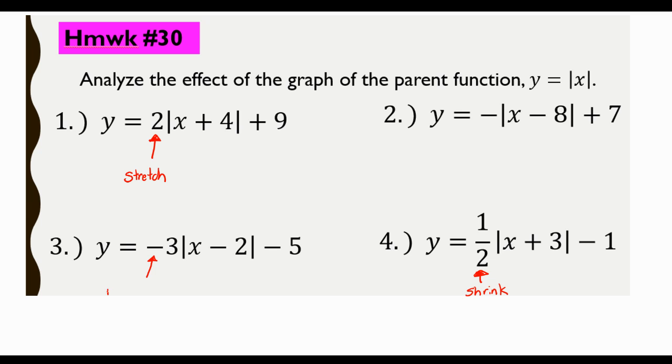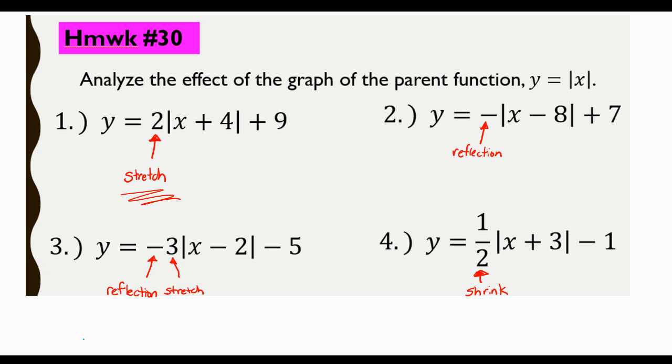That means it's going to reflect, or reflection. It's a regular 3, so it'll be just like this one up here. It'll be a stretch. Over here, I just have a hidden -1. Just stands for -1. So that's a reflection.